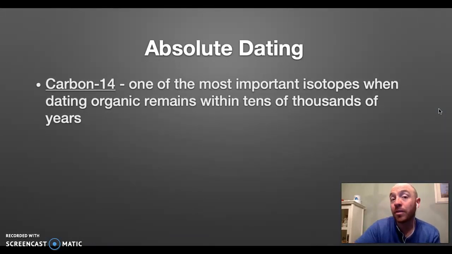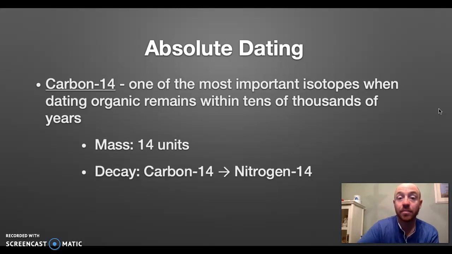Carbon-14 is really important when we talk about dating organic remains. This is a much smaller range because it's only within tens of thousands of years. Carbon-14 has a mass of 14. When it disintegrates or decays, it breaks down from carbon-14 into nitrogen-14. Why do we care about this with organic remains? The uranium half-life was 4.5 billion years, and that isn't going to work for organic remains because those creatures aren't going to live for 4.5 billion years.